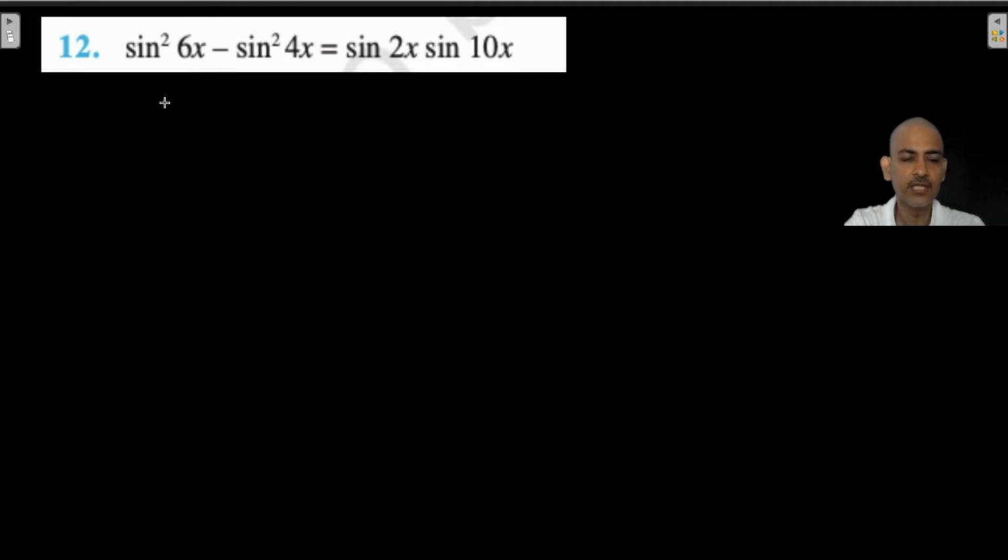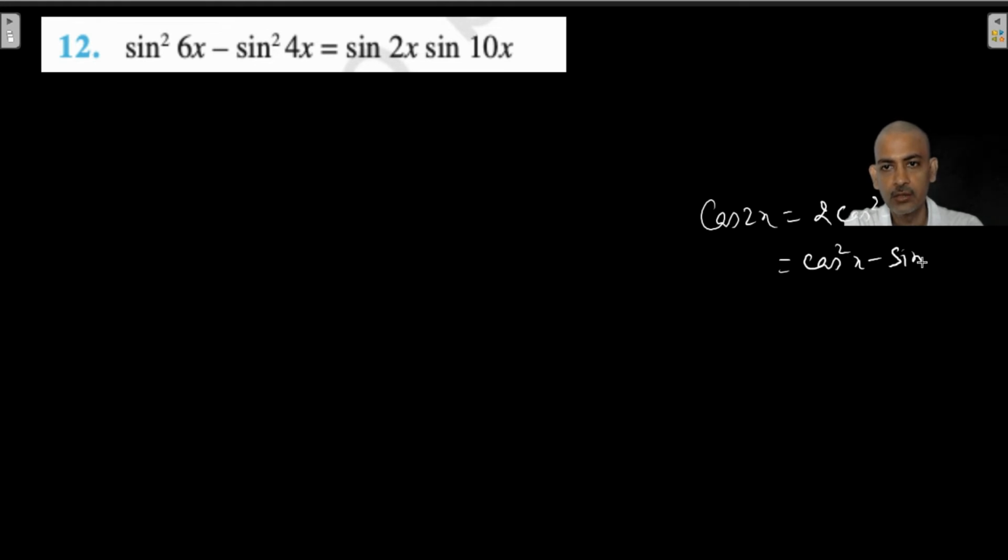So my next question talks about sin square 6x minus sin square 4x. Again, you have to know some formulas which we had derived. If you remember, cos 2x was nothing but 2 times cos square x minus 1, or it was cos square x minus sin square x, or it was 1 minus 2 sin square x.